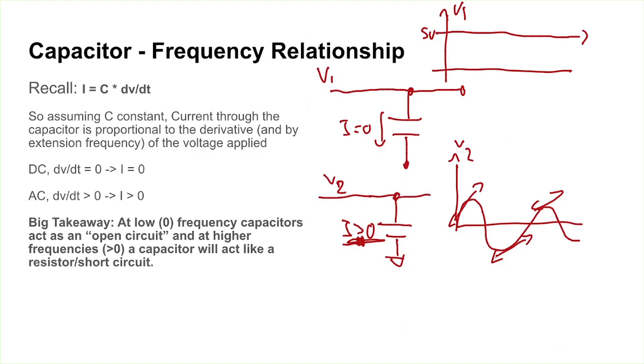So the big takeaway here is that at low or 0 frequencies, the capacitor is going to act as an open circuit. So something where no current is flowing through, right? And at higher frequencies, the capacitor will act as a short, or we can model it as a resistor.